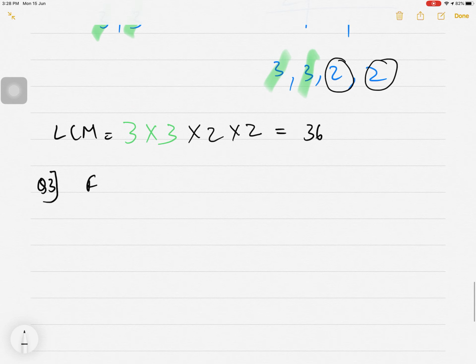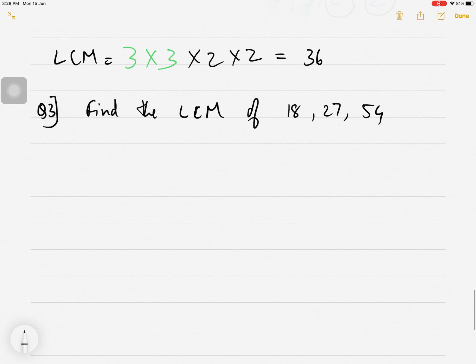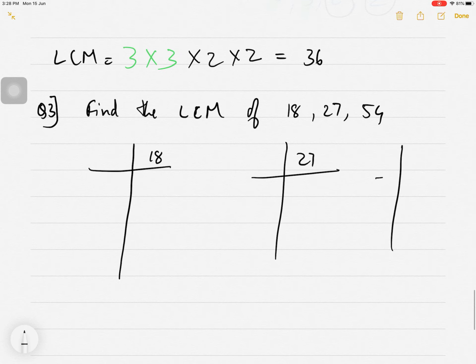Using the same method, find the LCM of 18, 27 and 54. So 18, 27, 54.